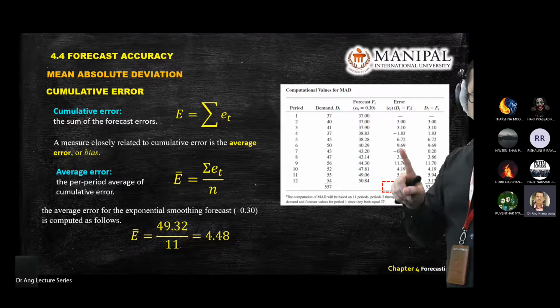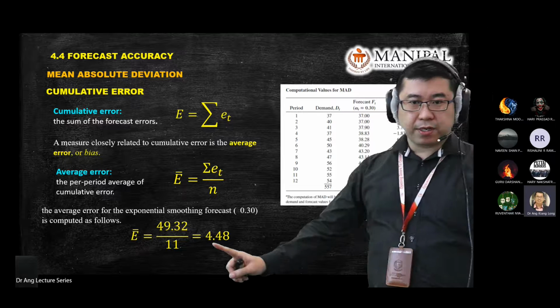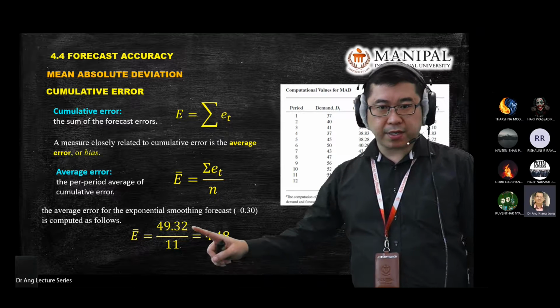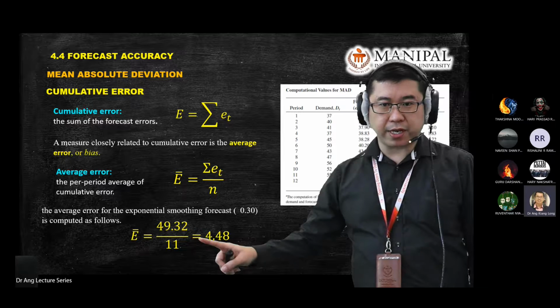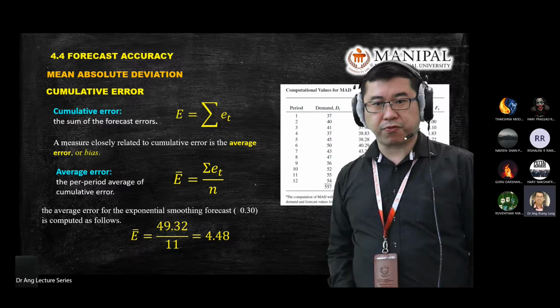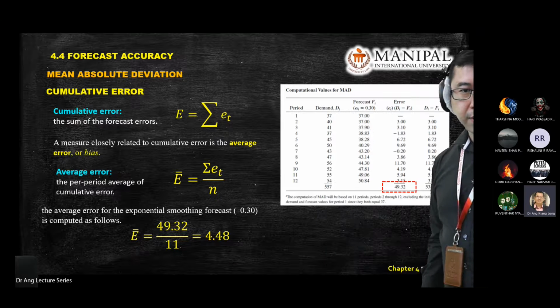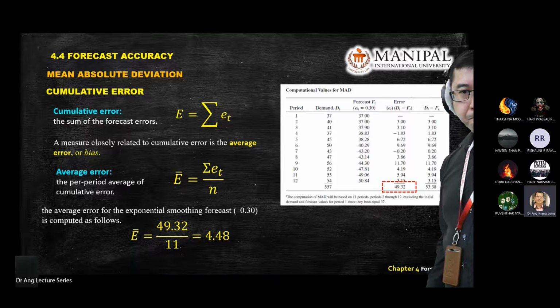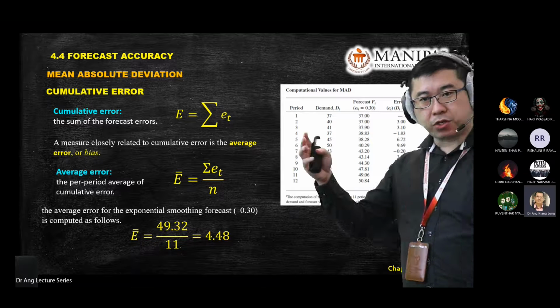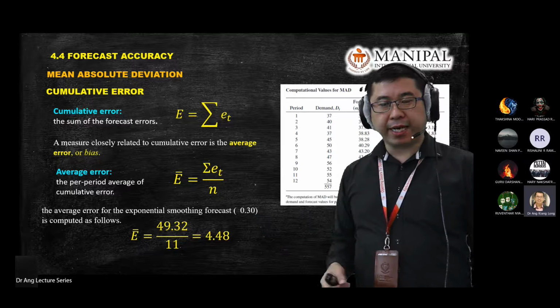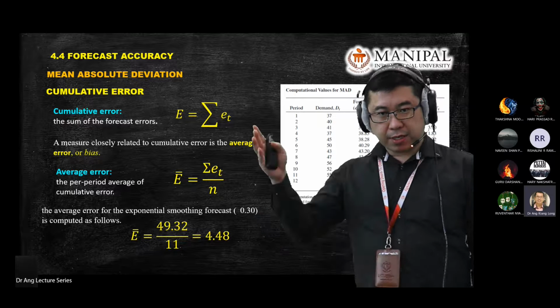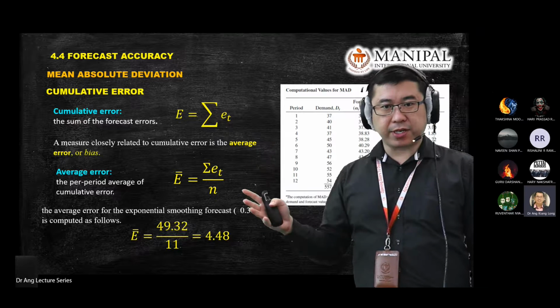You have 11 months here. So 49.32 divided by 11, you get about 4.48. So you learn a few technical words for management: cumulative error, average error.